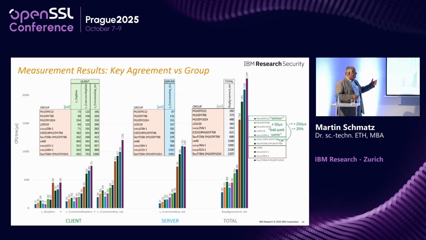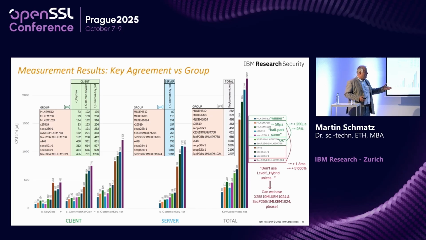But then if you go to X448 or P521, let alone P384, I don't know who came up with the idea to combine ML-KEM 1024 with P384. I mean, we talk about 1.8 milliseconds just for the key agreement. It's horrible. It's 5x slower. So, can't we have an X25519 ML-KEM 1024?